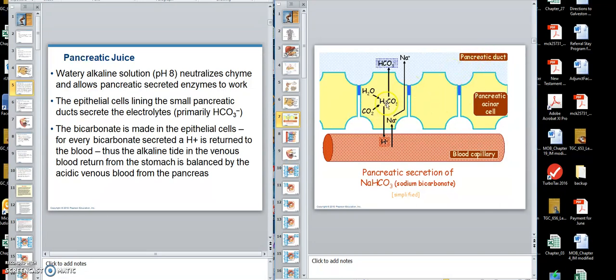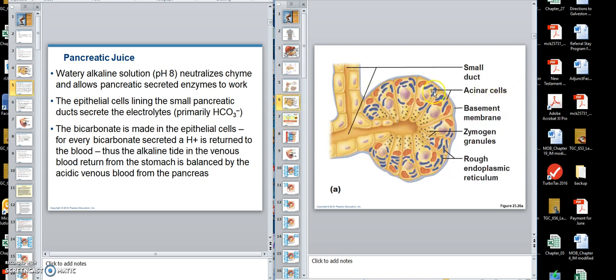Here's a pancreatic acinar cell that primarily does the digestive enzymes, but it also assists in the production of what? Some of this bicarb. Okay. And the epithelial cells kind of make it, and the epithelial cells kind of secrete it.